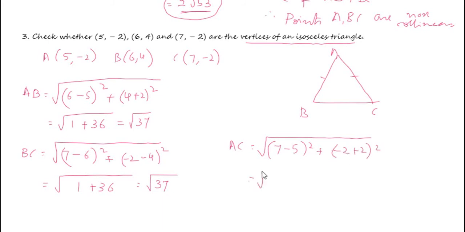Now this is equal to square root of 7 minus 5, 2 whole square, that is 4, plus minus 2 plus 2, 0. So this is 0. Square root of 4, it is 2. Now in this case, AB equal to BC. The two sides are equal, therefore ABC is an isosceles triangle.